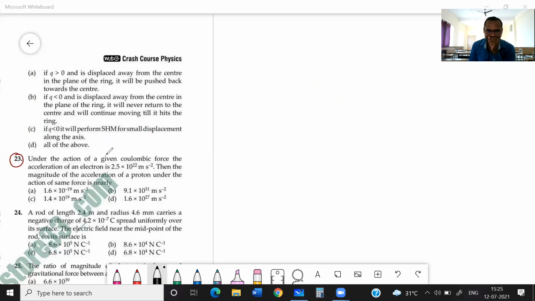They have given that under the action of a given coulombic force, the acceleration of the electron is 2.5 into 10 to the power of 22 meter per second square. Then what is the magnitude of acceleration of a proton under the action of the same force?